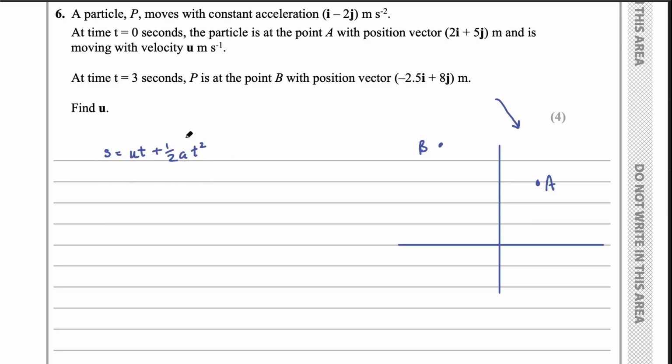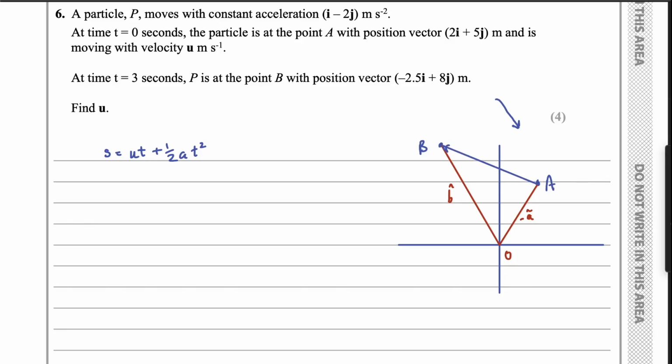To solve this, we'll need acceleration, which we have, and we'll need displacement, which we can work out because we have the position vectors of A and B. The position vectors are from the origin O to the points A and B. So to get from A to B directly, we would go negative A, or the negative vector of A, and then add the vector B. And that will give us the displacement from A to B.